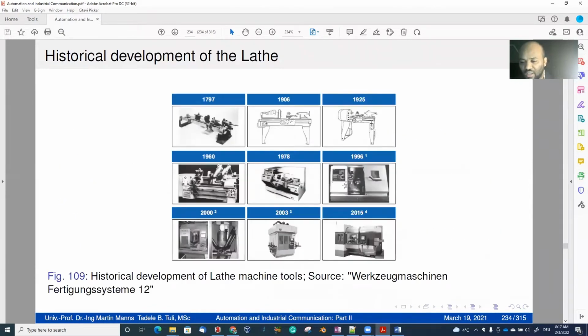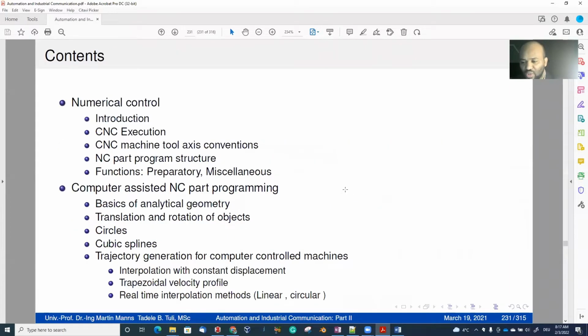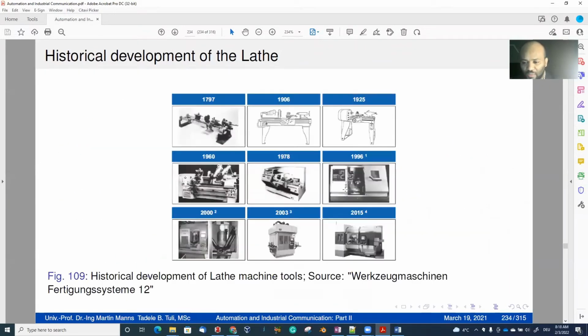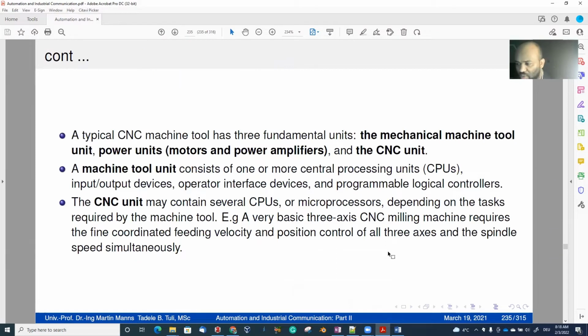So in general, whenever you consider such machine tools, you could expect components like a mechanical component regarding the hardware. There is a component for power units, which has motors and amplifiers.